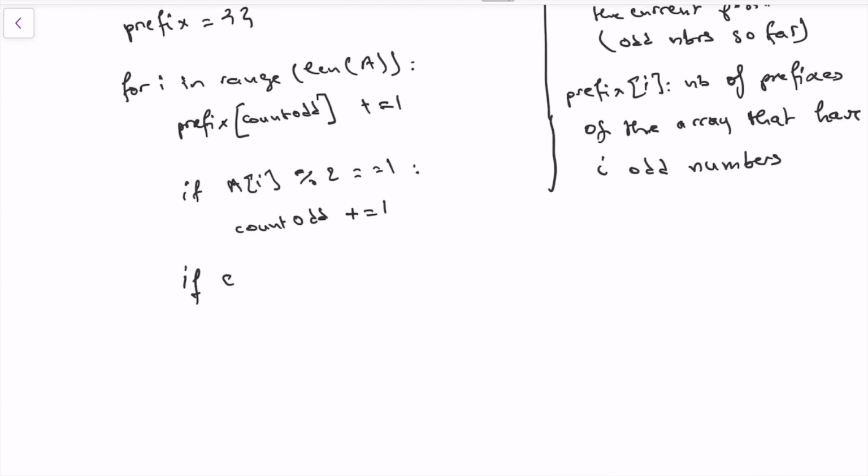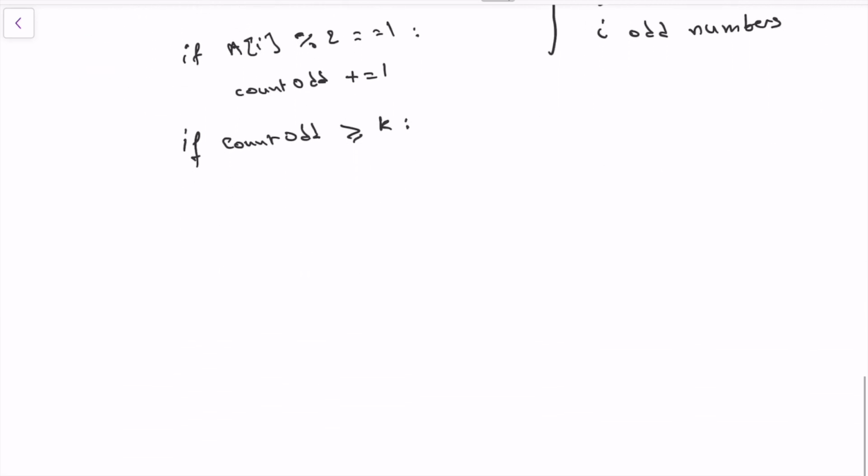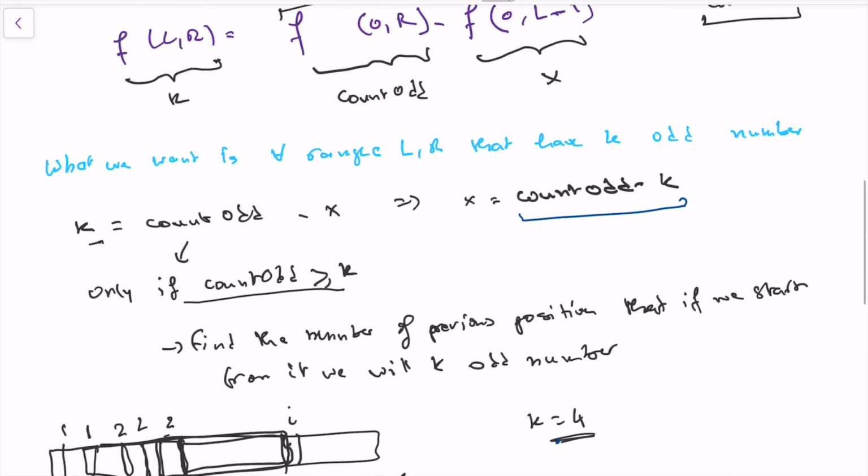And so I would say if count of odd is bigger or equal to k, then let's keep a variable here of the result, right? So my result will need to increase by prefix of what I said here, count odd minus k, the value x.